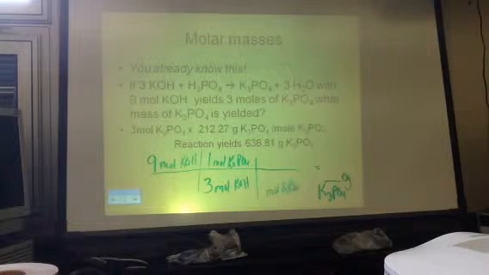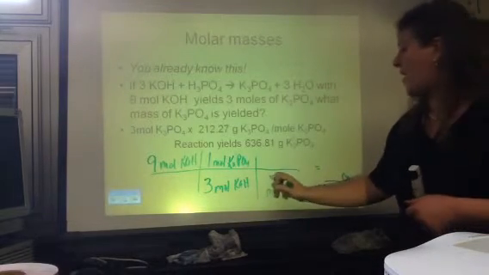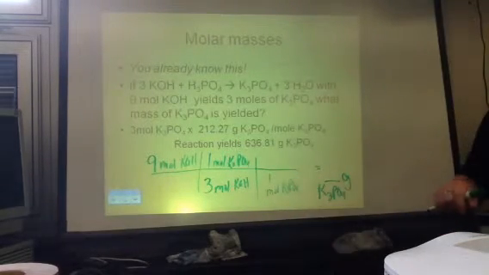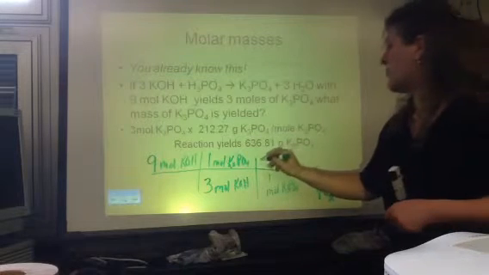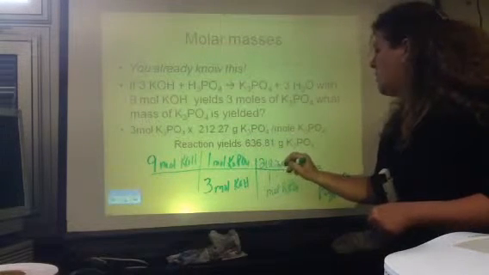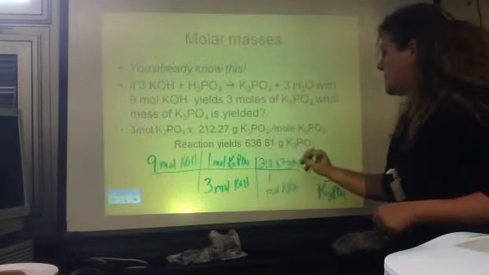Is there a relationship between moles of K3PO4 and grams of K3PO4? Why, yes, there is. How convenient. So, if we have 1 mole of K3PO4, we know we have 212.27 grams of the stuff.